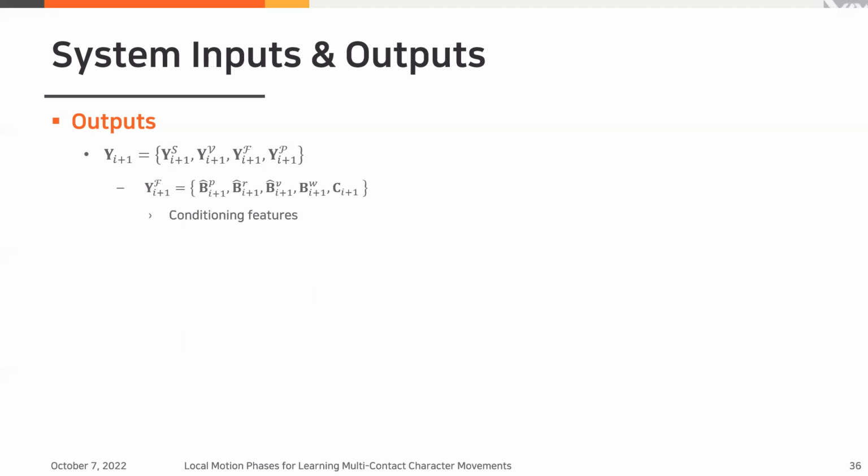Also, conditioning features are computed, and here we contain the ball movement, and this delta ball rotation is the new variable which was not included in the input, and this parameter updates the orientation of the ball in the next frame.